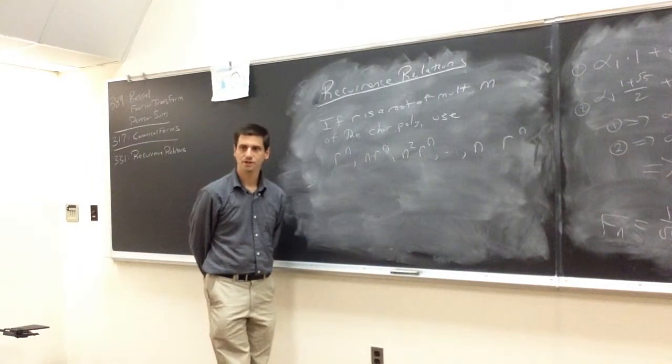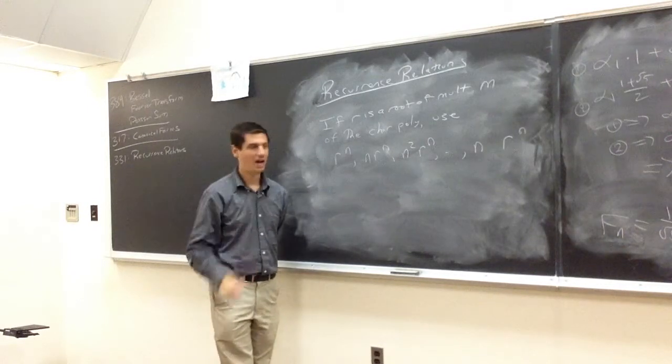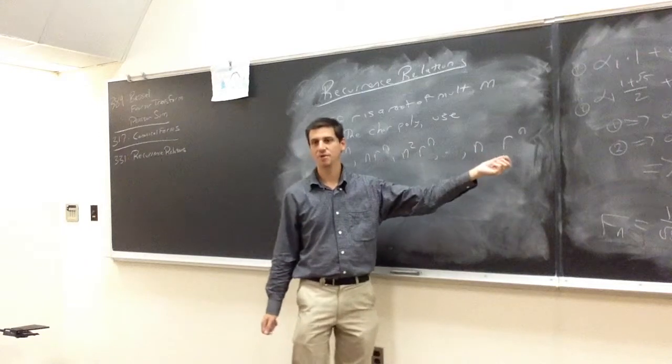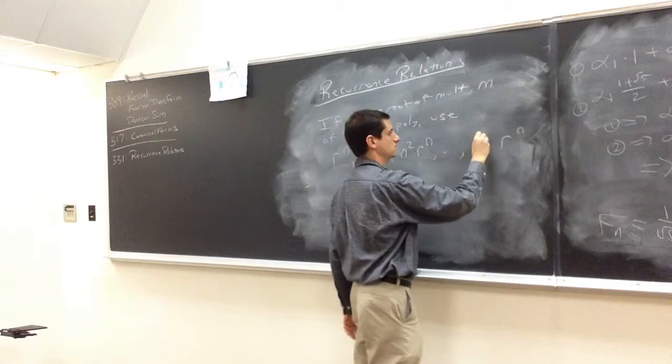M. Why m? How many solutions would that give me if I went up to the mth? Oh, m minus 1. I have to go up to m minus 1.